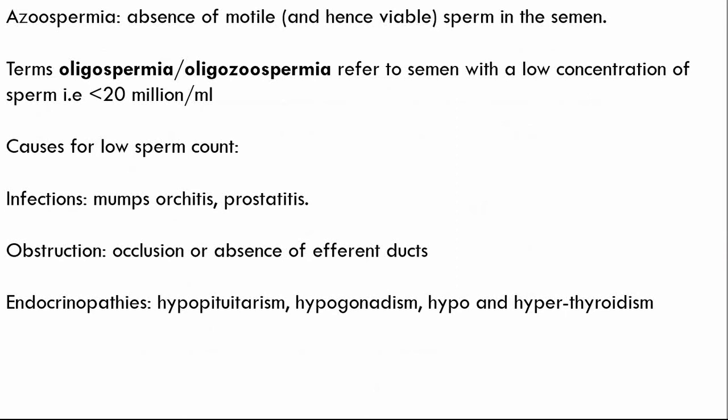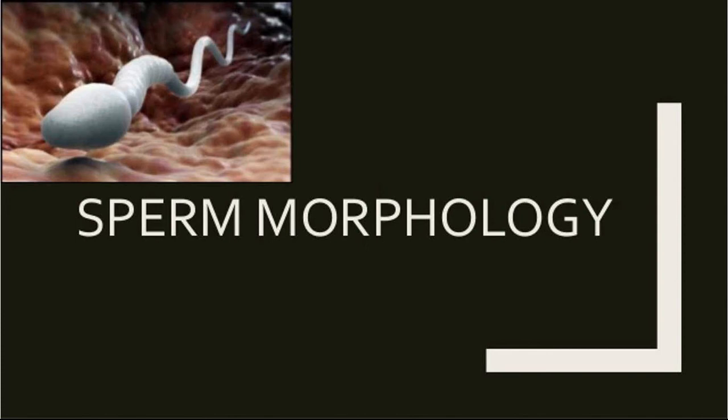Next, hypogonadism. Hypogonadism is reduction or absence of hormone secretion or other physiological activity of the gonads, that is testes or ovaries. So these are the causes for low sperm count.